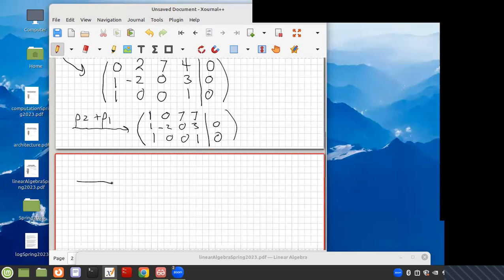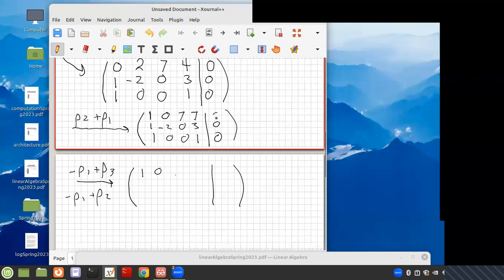Probably that wasn't a smart move. Probably the simplest thing would be just to swap, but that's what it is. Okay, so now we can do minus row 1 plus row 3 and minus row 1 plus row 2. That'll leave the top one alone. We're going to get a 0 there.